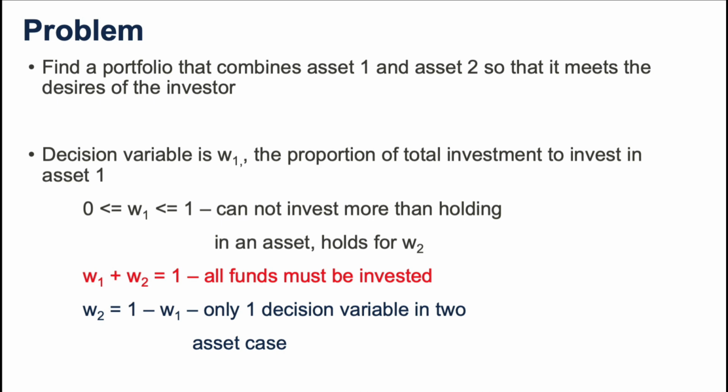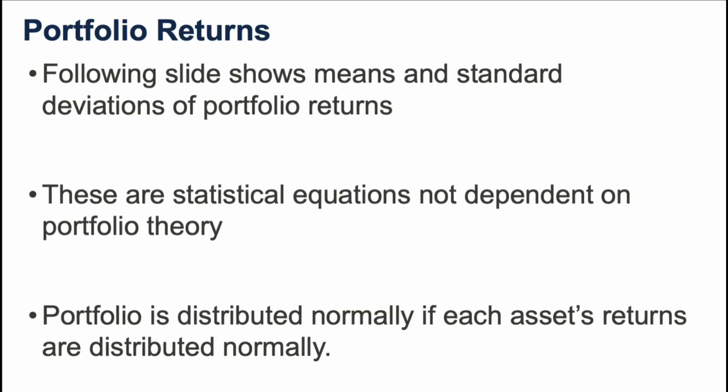We're always going to assume that the amount that is invested equals 1. So if we have two assets, we have one decision variable: what amount to invest in asset 1, that determines what we then will invest in asset 2. All right, we know that.